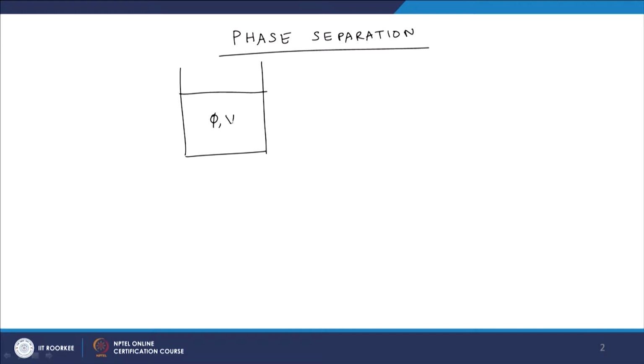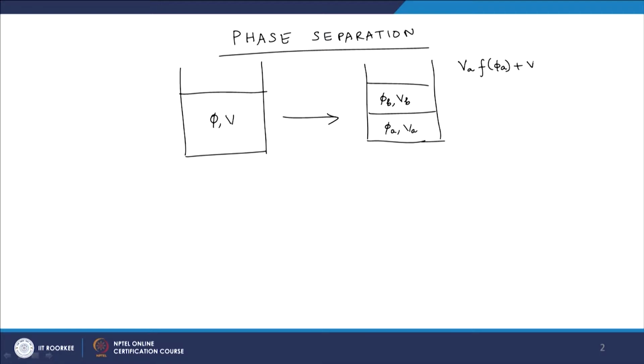We can start with a certain volume fraction phi and a volume V in a beaker, and this will phase separate into two layers, phi A, V A, and phi B, V B, provided that the final free energy ends up becoming lower than the initial free energy before phase separation.